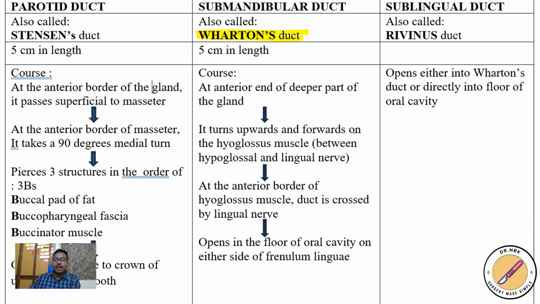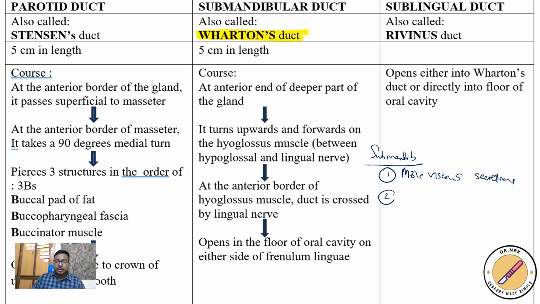One, the secretions of the submandibular gland itself are very viscid, so more viscous secretion.